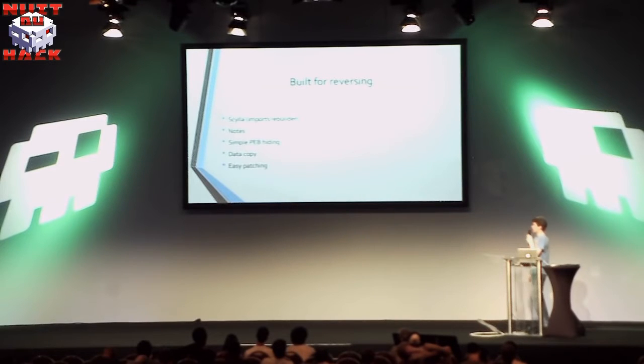Now, frequently there are a few small anti-debug tricks done by the process to check, and there are simple countermeasures built in. These are not foolproof, but they do the basics, so most things get hidden pretty well. You can copy data very easily in various formats, so you can copy some data to a C-style array or to some unsigned long array or something like this.